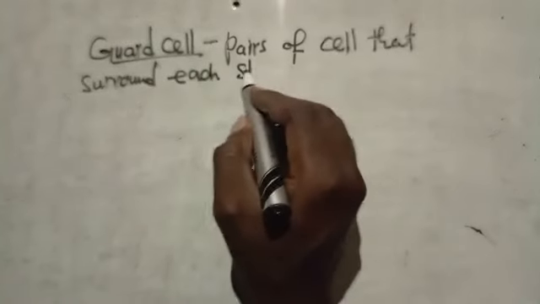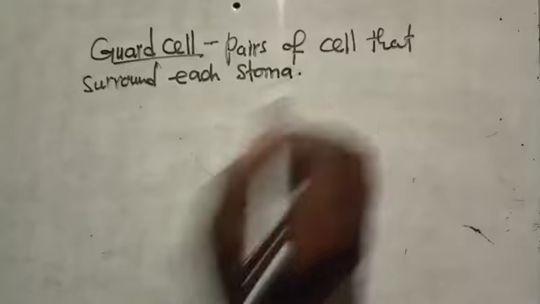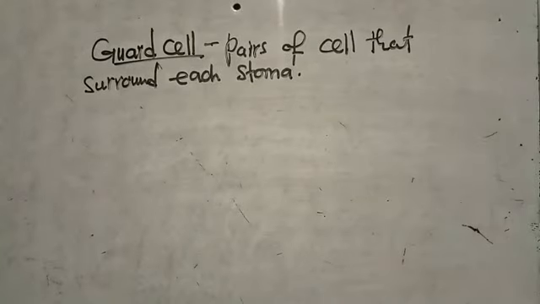Each stoma. This is what we are supposed to know. This is something that you need to understand. These things are just simple like this. As long as you are able to get what I am saying here, then you are able to understand this.